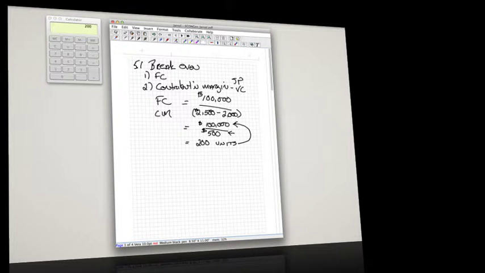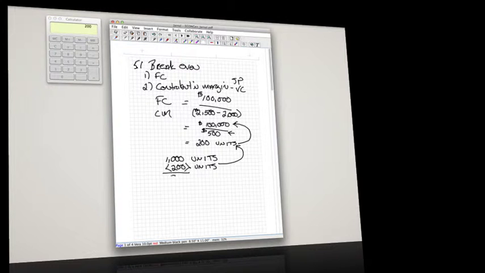The question then asks us to extend that just a little bit and say, well, what would happen in this case, though, if we sold 1,000 units? In other words, if we sold even more than we needed to break even, how much would that contribute to profit? Well, we know that the first 200 units that we're going to sell contribute nothing to profit because they're going to cover fixed costs.